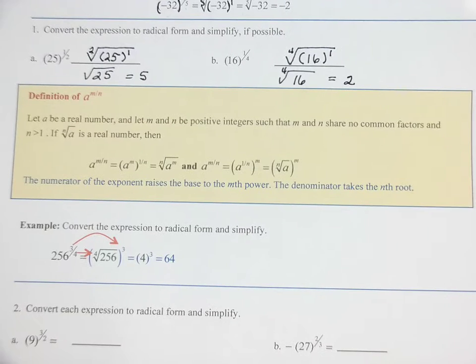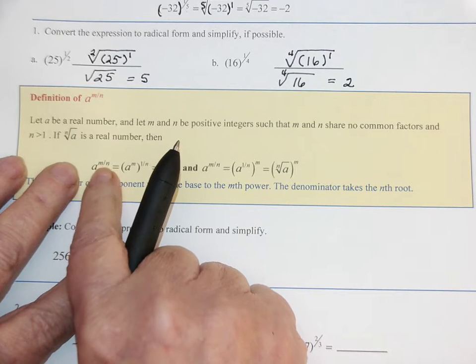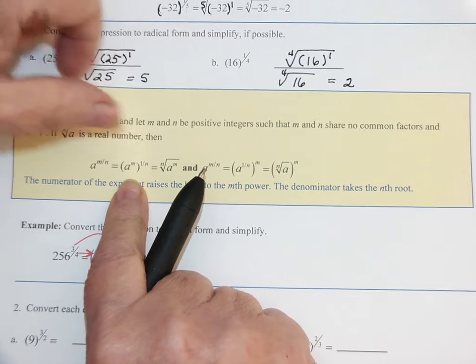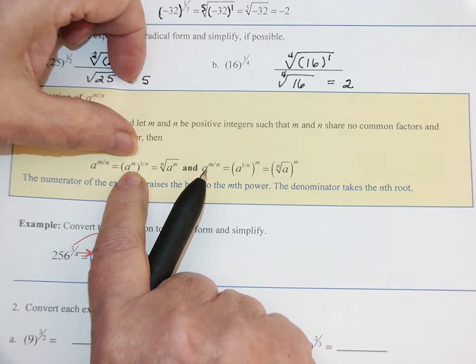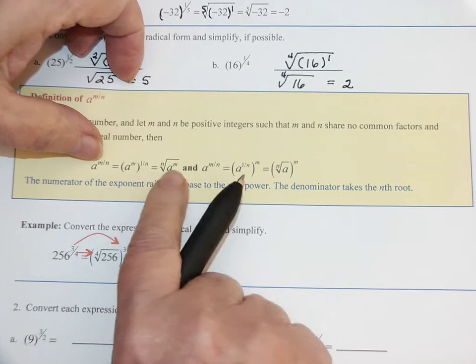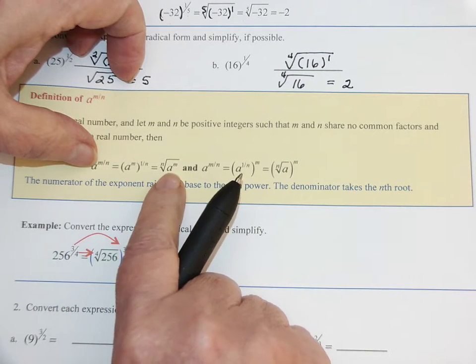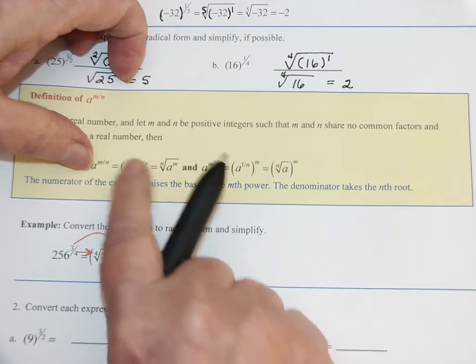The same is going to be true if you're dealing with fractional powers like a to the m divided by n. Now, here's the difference. In a sense, there is no difference. If I look at what is raised to the power, the base, the a, is raised to the m power.